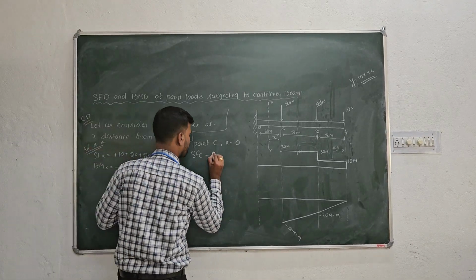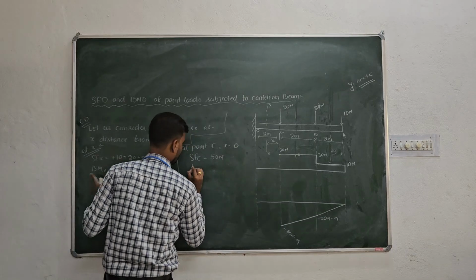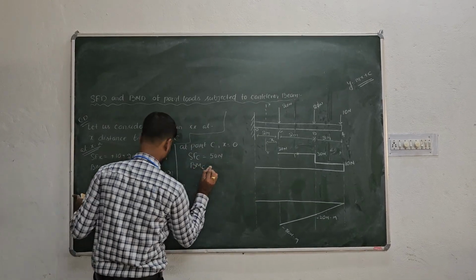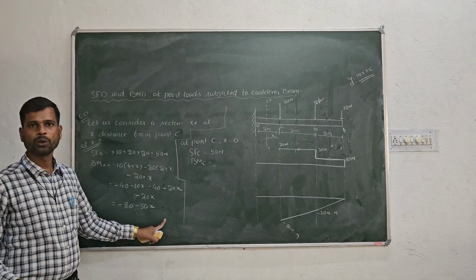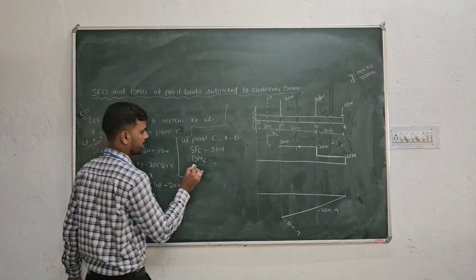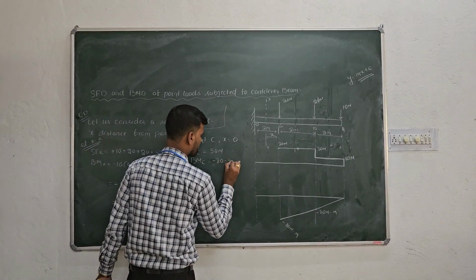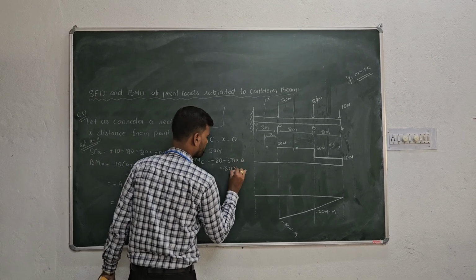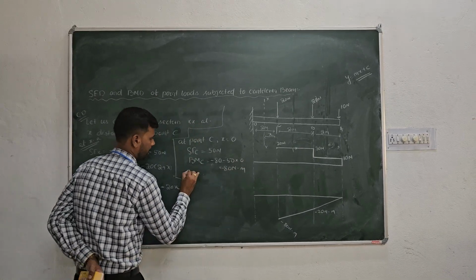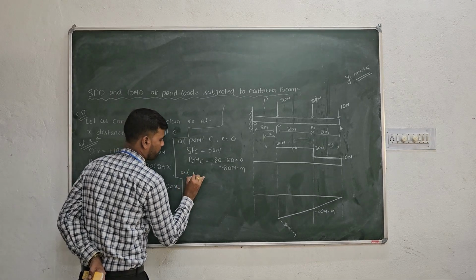So SF at C equals 50 Newton and BM at C will be minus 80 minus 50 into 0, that is minus 80 Newton meter.